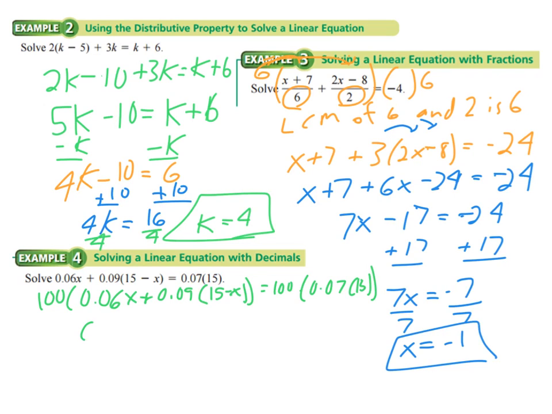Distributing on the left, we get 6x plus 9 times 15 minus x. And on the right, we just get 7 times 15.